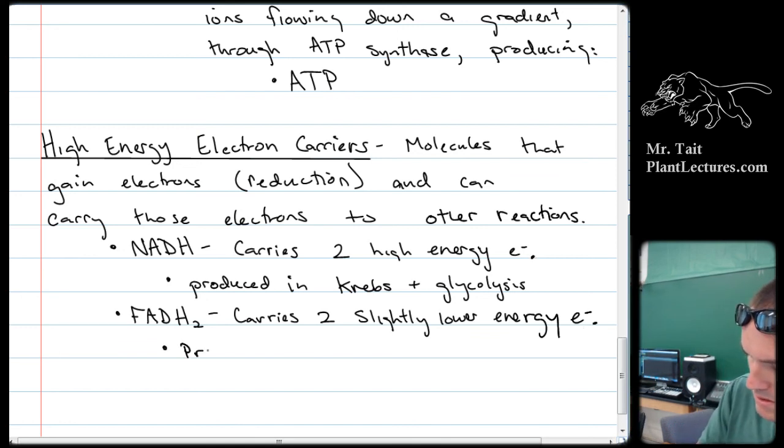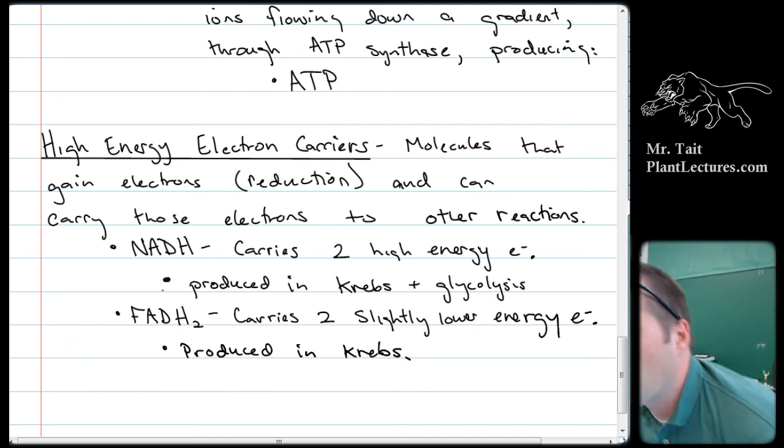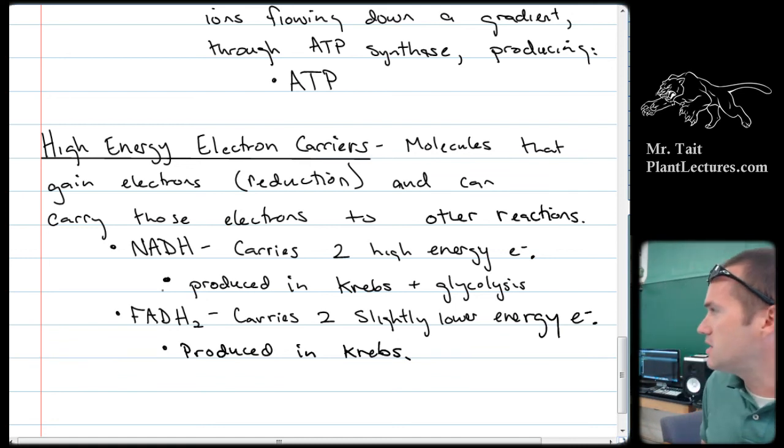It's produced in the Krebs cycle. So why do you need 2 molecules, first of all? And then second of all, why would you ever want FADH2 if the energy in the electrons is lower?